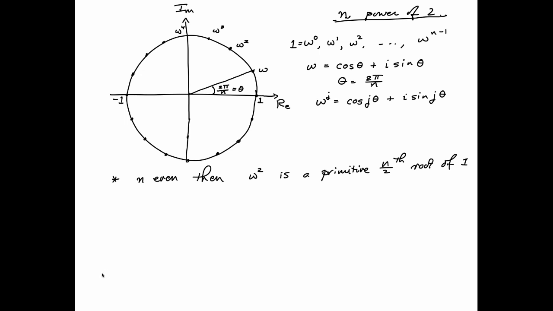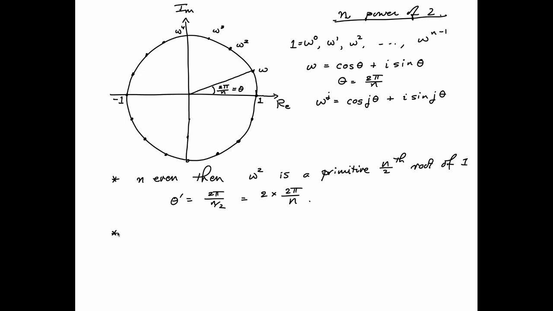Because for the primitive n over 2th root of unity, you would have theta prime equal to 2 pi divided by n over 2, which is just 2 times 2 pi over n. Okay, so that's one important property.